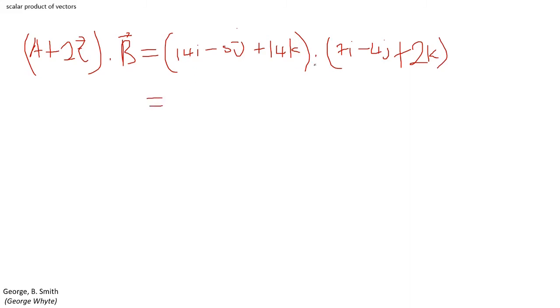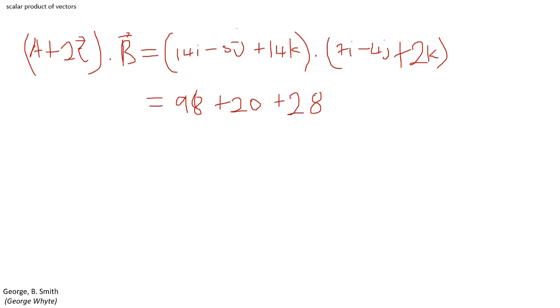So 14 times 7, that should be 98, right? I'm saying 98 to the right. Then minus 5 times minus 4 will give us 20. Then 14 times 2 will give us 28.